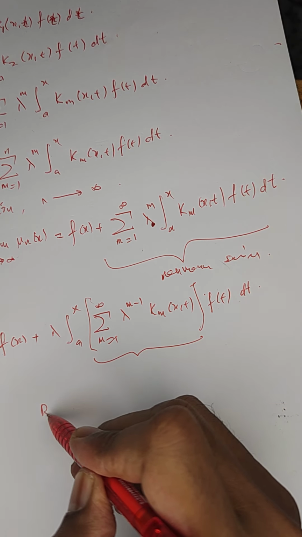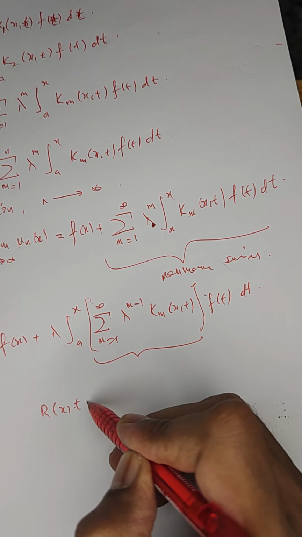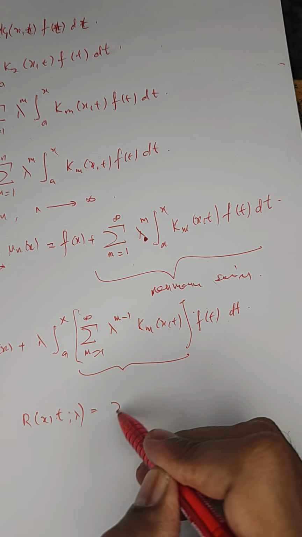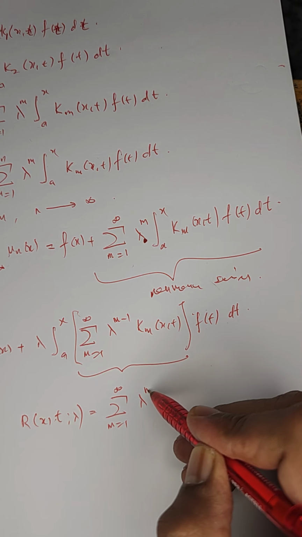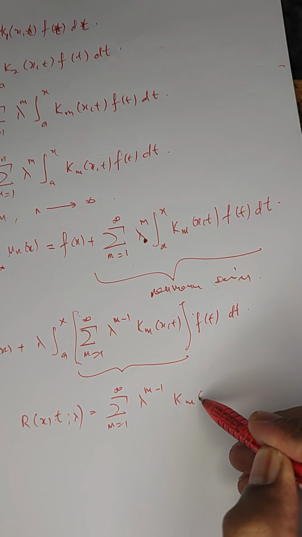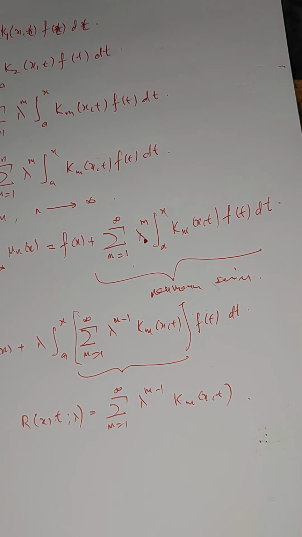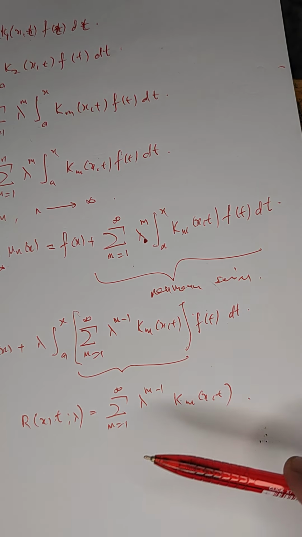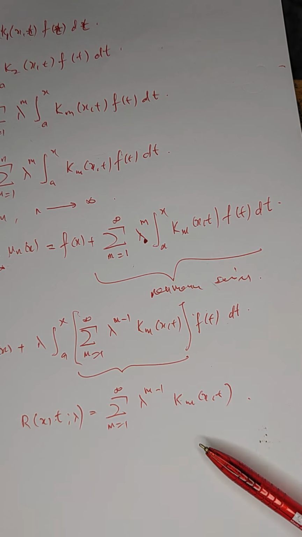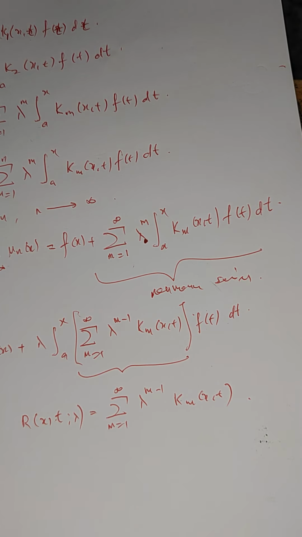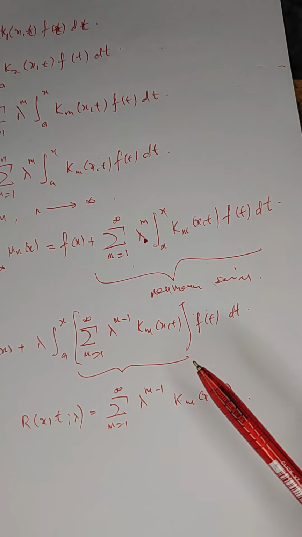So we can write this as the resolvent kernel R(x,t;lambda) as a summation of m from 1 to infinity of lambda^(m-1) k_m(x,t), and this series converges absolutely and uniformly when k is continuous in the region R. So this is the solution of the non-homogeneous Volterra integral equation in terms of Neumann series.